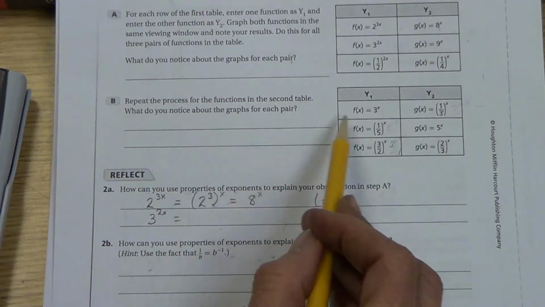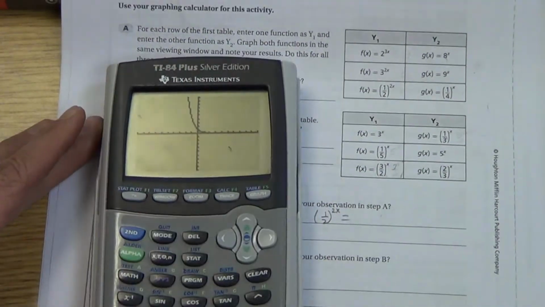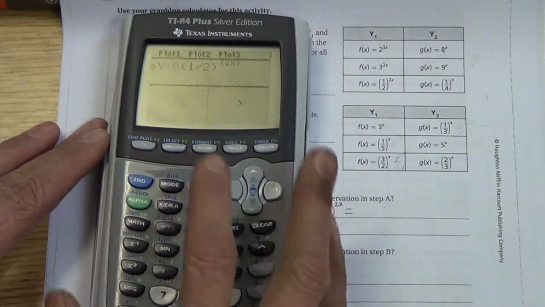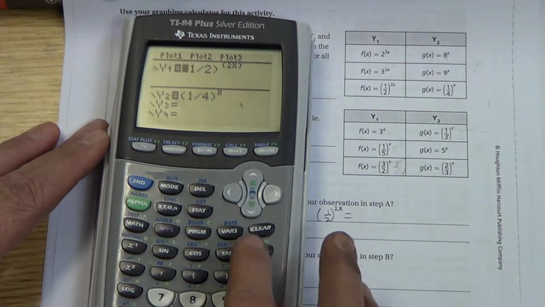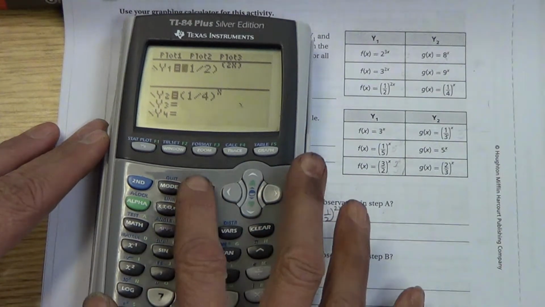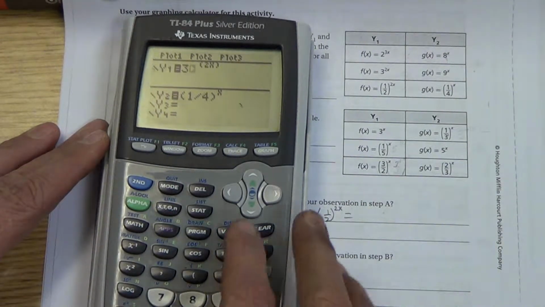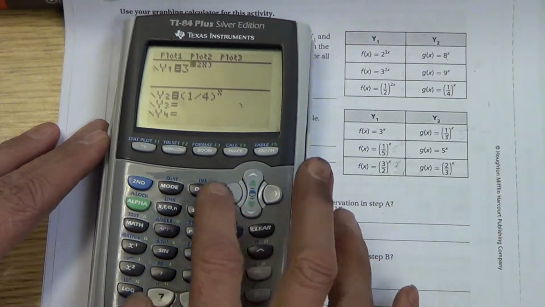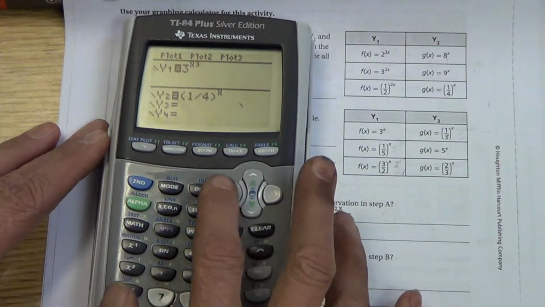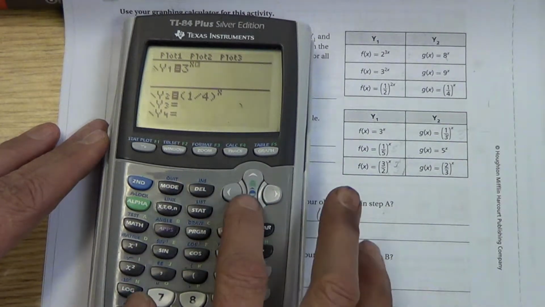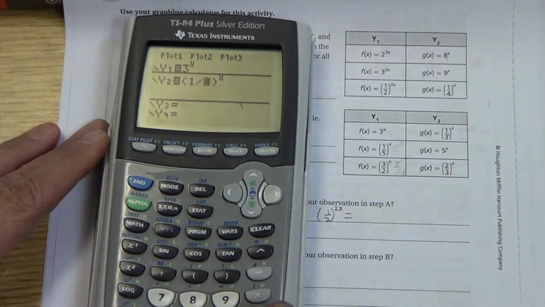What do you notice about the graphs of each pair here? Okay? Well, this should be interesting. Now we're going to look at y equals, we're going to put in 3 to the x compared to 1/3 to the x.